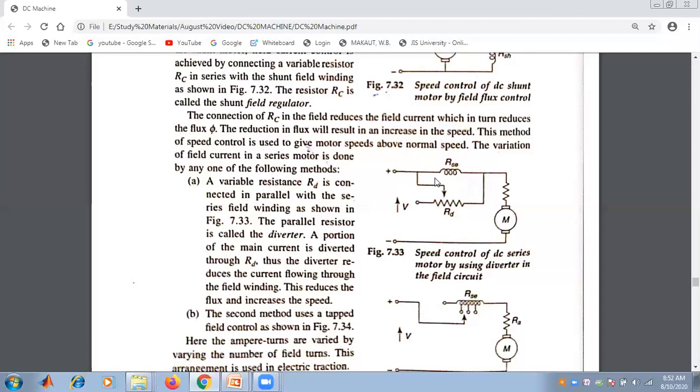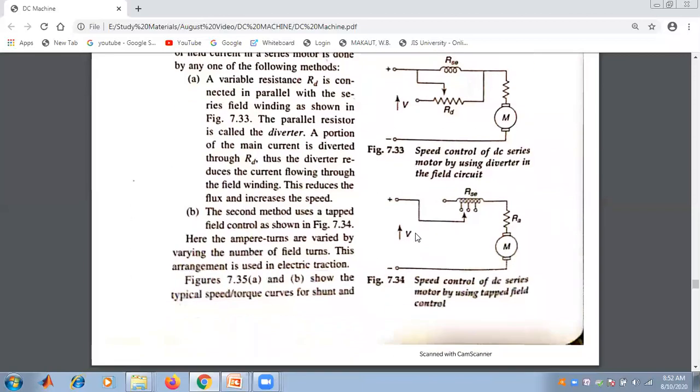So as a result, the field current decreases, the field flux decreases, and the speed will increase. This is the general process of speed control of DC series motor by using a diverter in the field circuit.